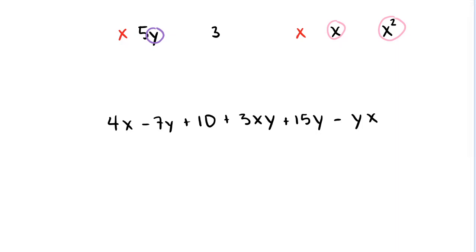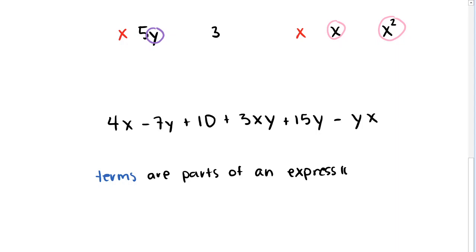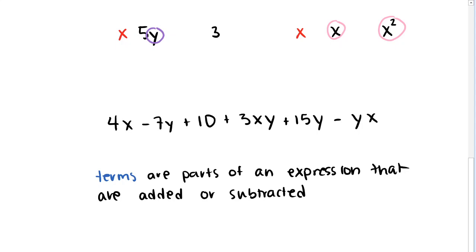So maybe I'll write this below: terms are parts of an expression that are added or subtracted together.